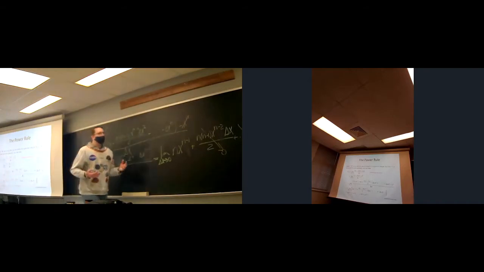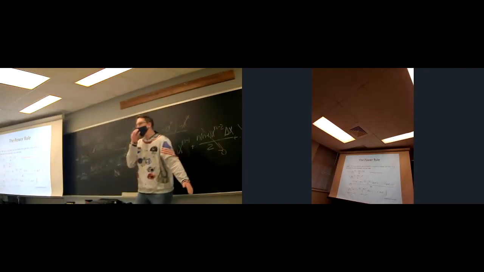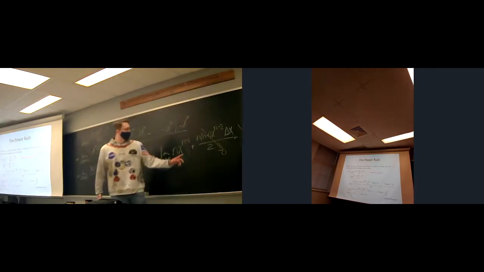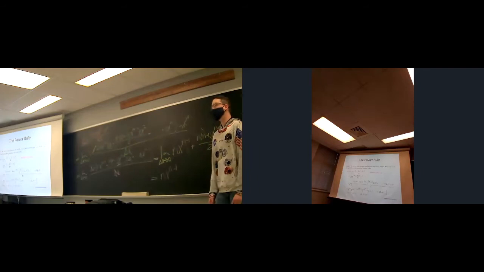Everybody cool with this? So because of that, all those delta x's are going to 0. Anything times 0 is 0. All that's left is just this. Does this make sense to everybody? Yep. Cool.